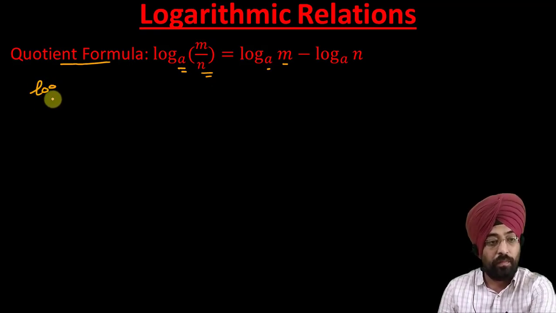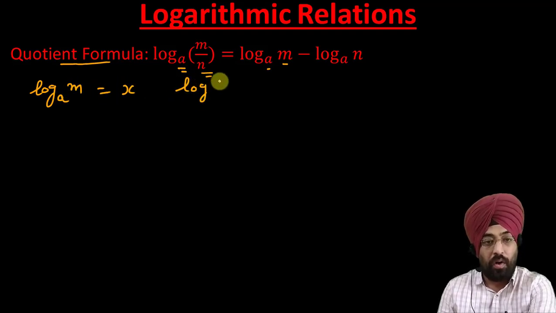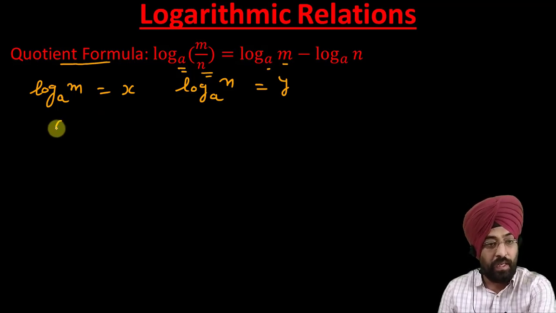Let us assume log of m with base a is equal to x and log of n with base a is equal to y. Their exponential forms will be a raised to the power x is equal to m, and a raised to the power y is equal to n.